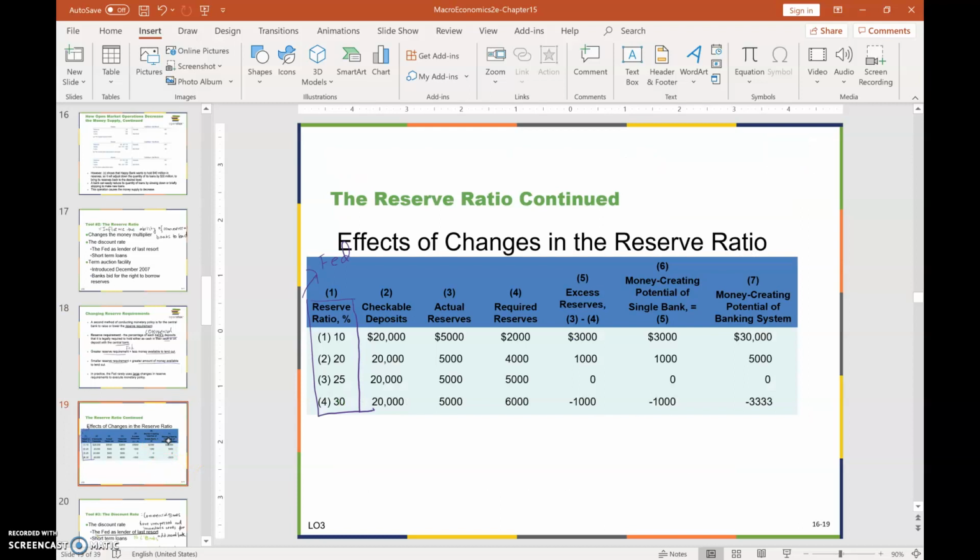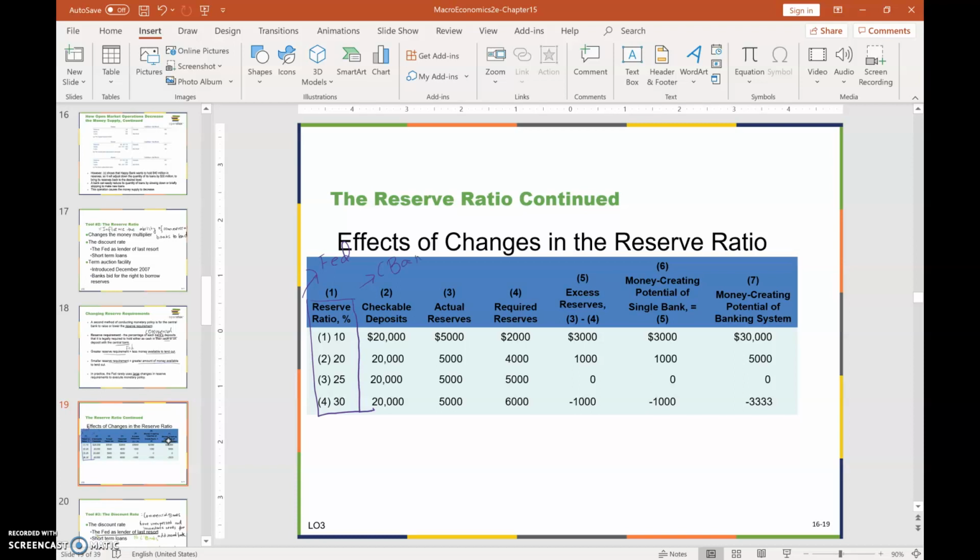Now look at these numbers here. We have the reserve ratio, we have the checkable deposits, actual deposits, required reserves, excess reserves. Let's just explain all of them one after the other. The reserve ratios are set by the Federal Reserve Bank or the Federal Reserve System. The checkable deposits are the amount of money the commercial banks hold.